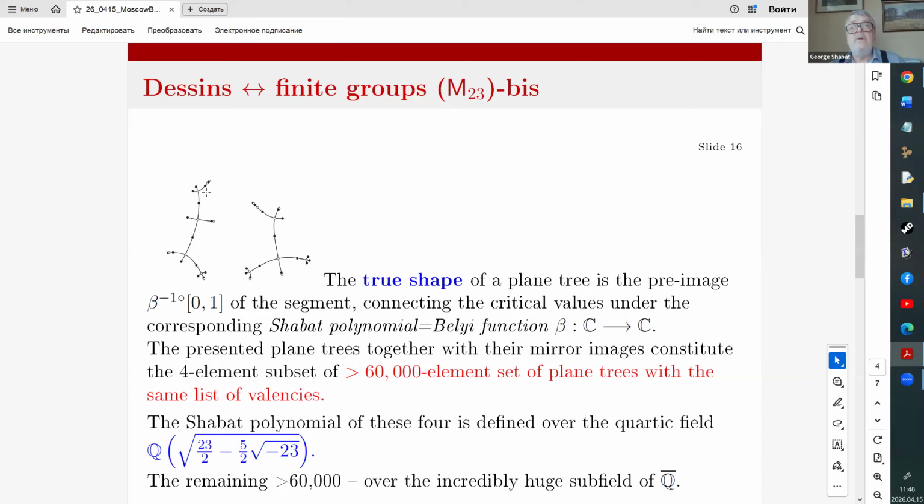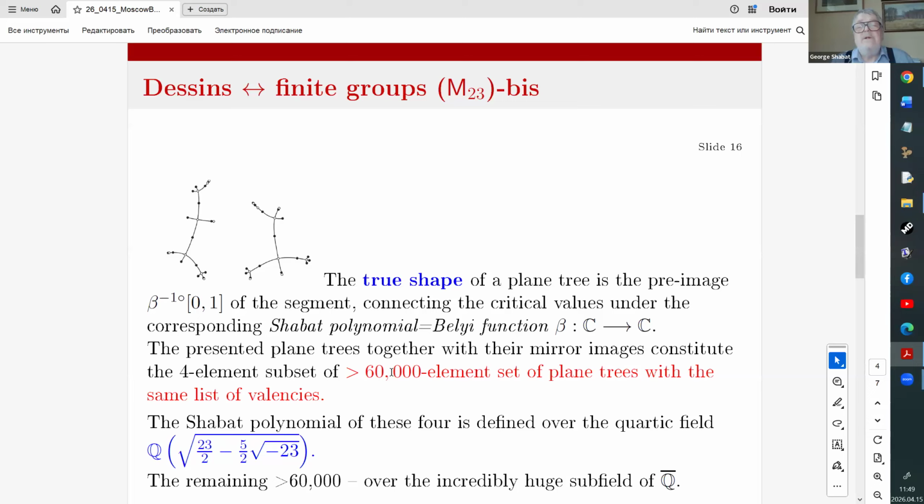Well, what are we going to see here? 3 fours. Yes, we see 3 vertices of multiplicity 4, several 2s and several 1s. Quite an innocent one. And it is realizable, but in more than 60,000 ways.